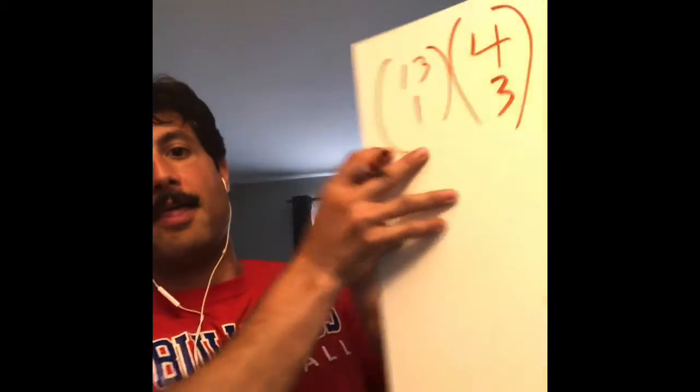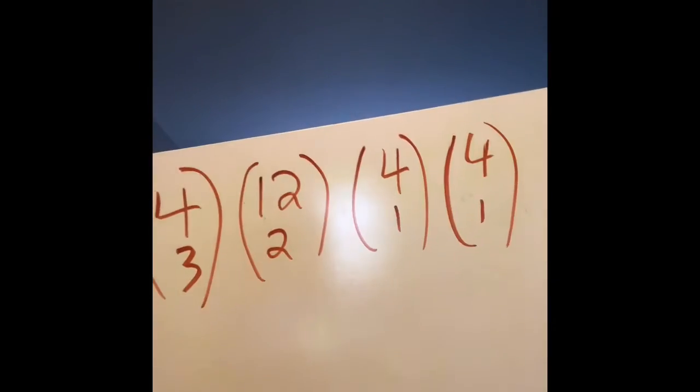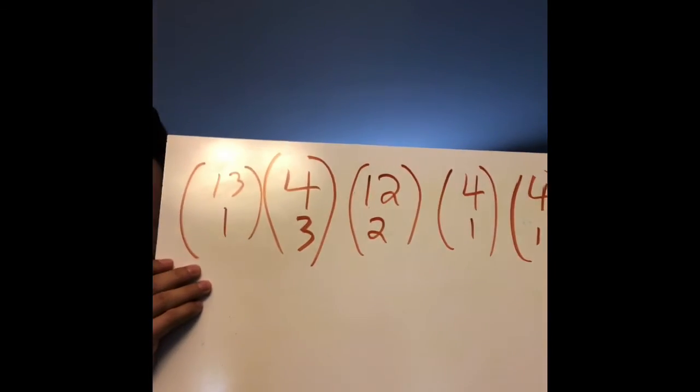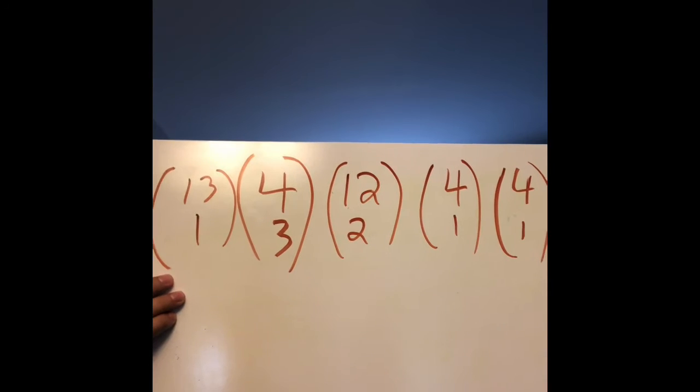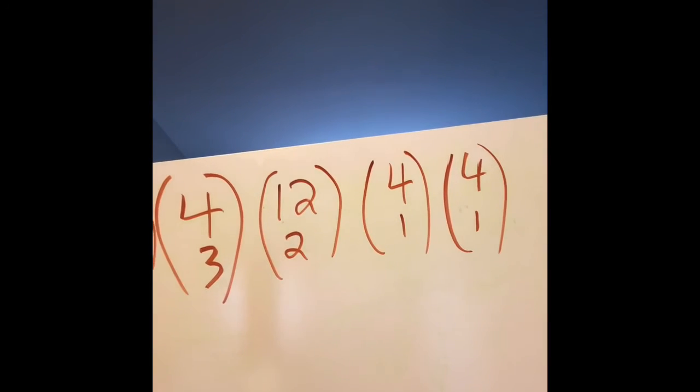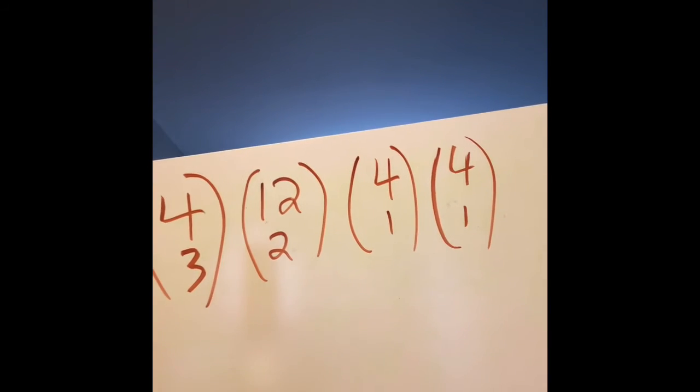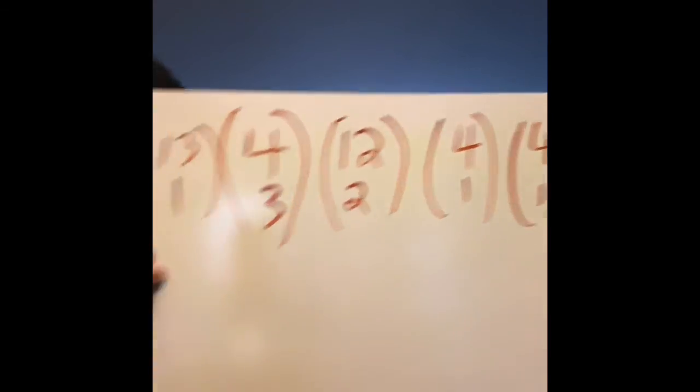And 4, choose 1, because of the 4 suits, you need 1 of them for your 1 single, and then 4, choose 1 for your other single. So 13 choose 1, 4 choose 3, that's your 3 of a kind. 12 choose 2 is your 2 singles, and each suit for your singles. That gives you a 3 of a kind.